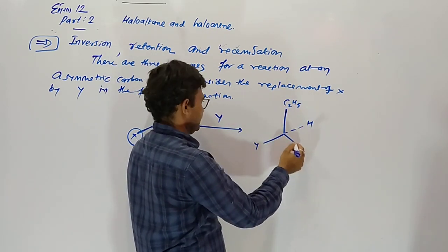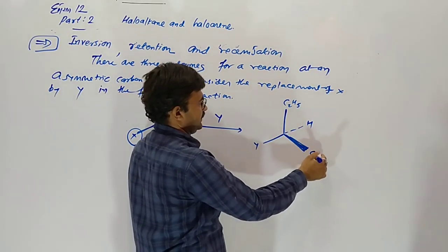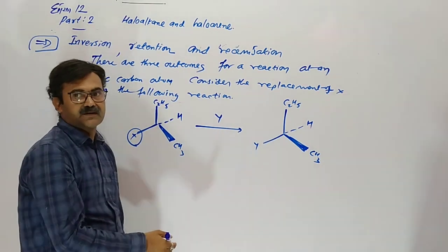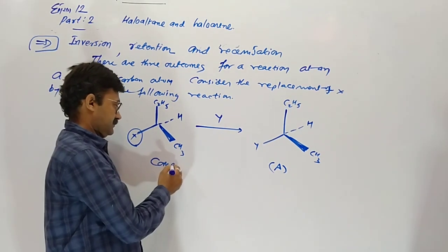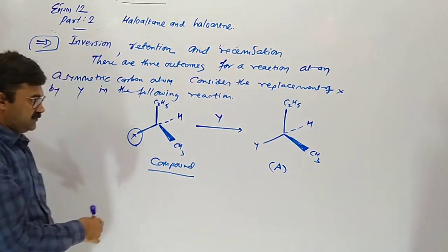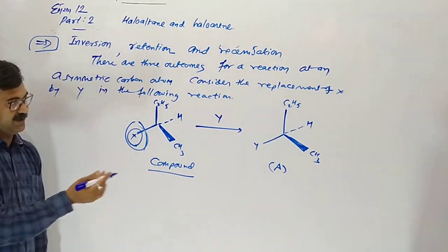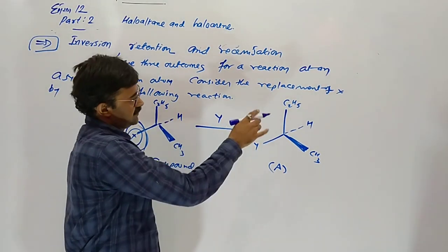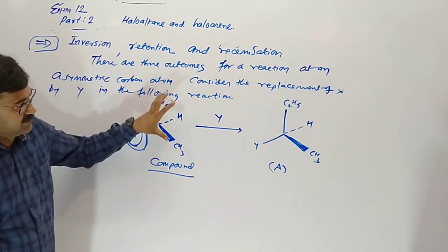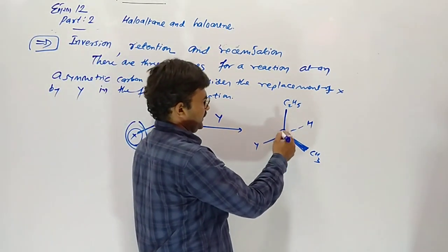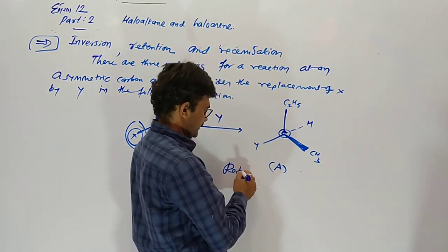But you can see the configuration, the arrangement, remains the same. So this is called retention. The original configuration, the arrangement of the atoms of the molecule, remains the same. So this process is called retention.